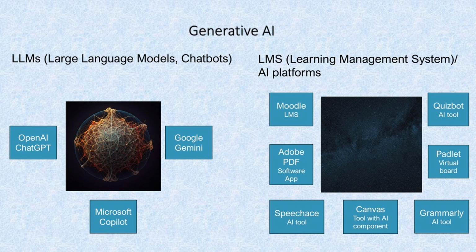Additionally, AI can assist teachers with grading assignments and quizzes on LMS platforms. Furthermore, AI can recommend extra resources like readings, videos, and exercises based on a student's interests or areas where they need more help.